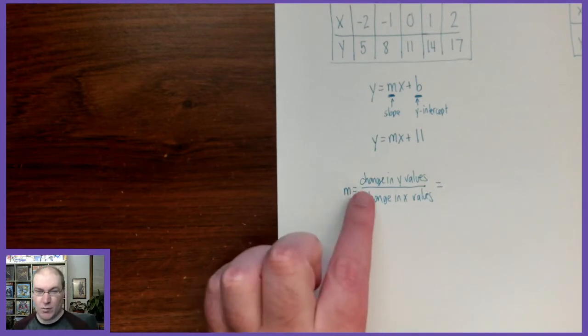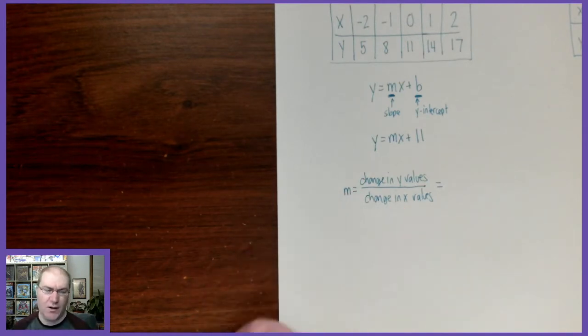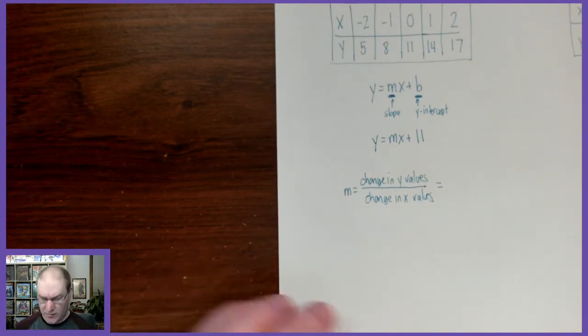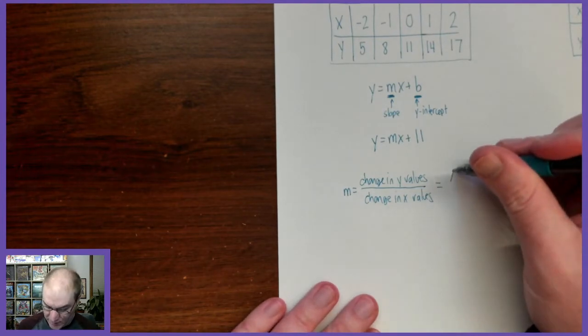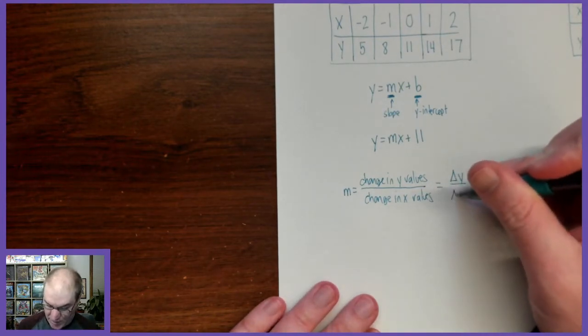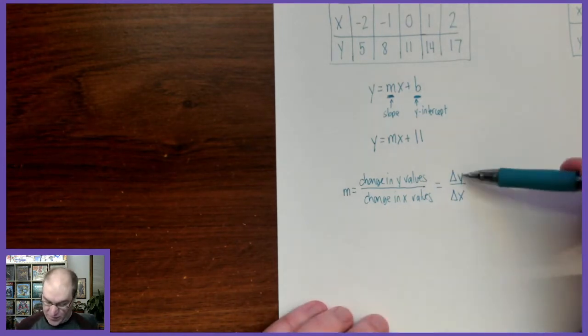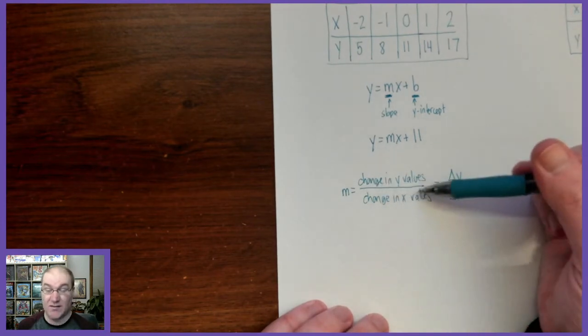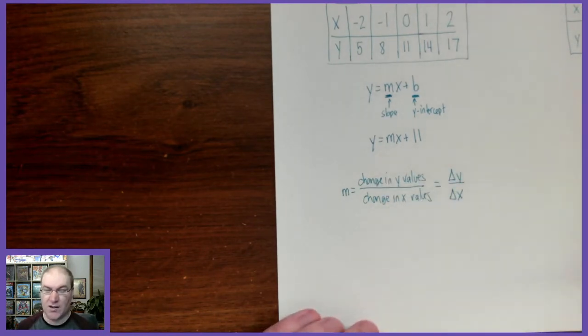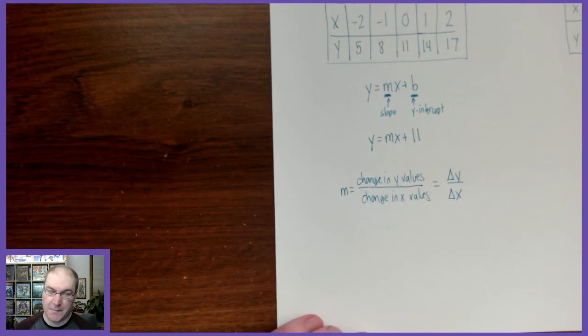Writing out the words change and change is a little tedious, so we're going to shortcut it with this. That little triangle is the Greek letter delta, and that means how much did something change. So this formula right here is the same as this formula here. This one's just shorter and easier to work with.